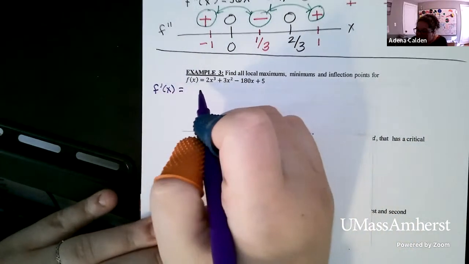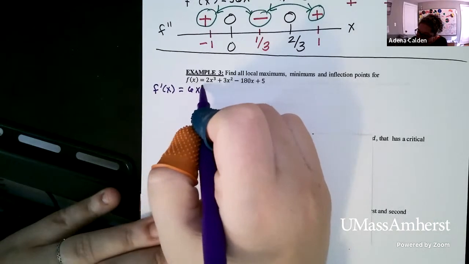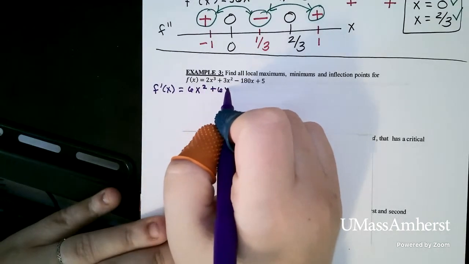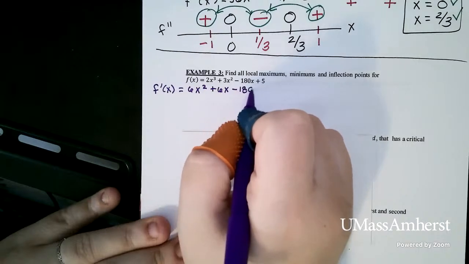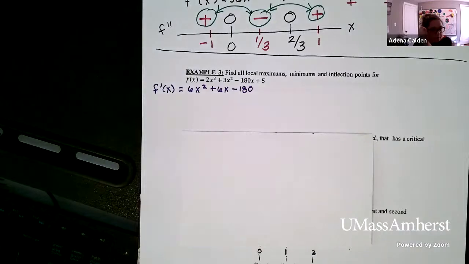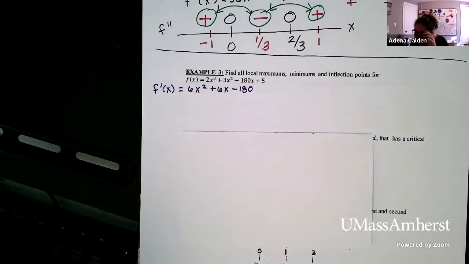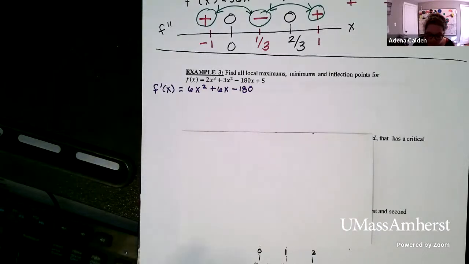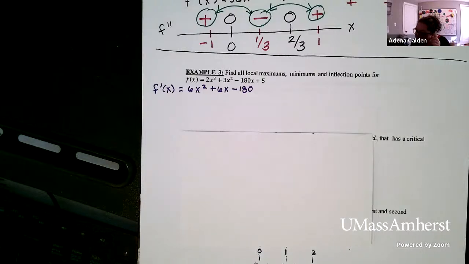The first derivative here is going to be 6x squared plus 6x minus 180. Okay, hopefully by this point, you're feeling very comfortable with these types of derivatives. Obviously, they come up a lot in the work that we do. So again, if you're still not super comfortable with those, you may want to practice those a bit more.